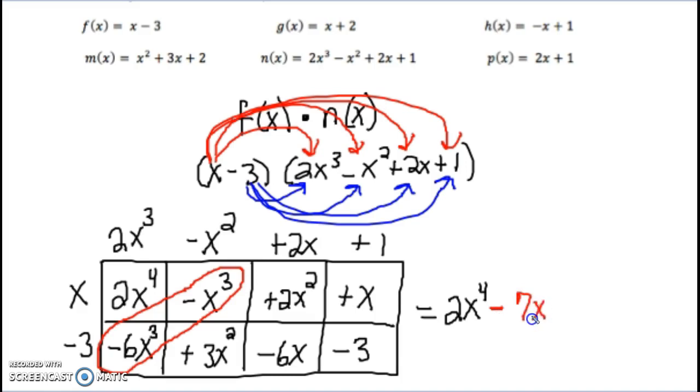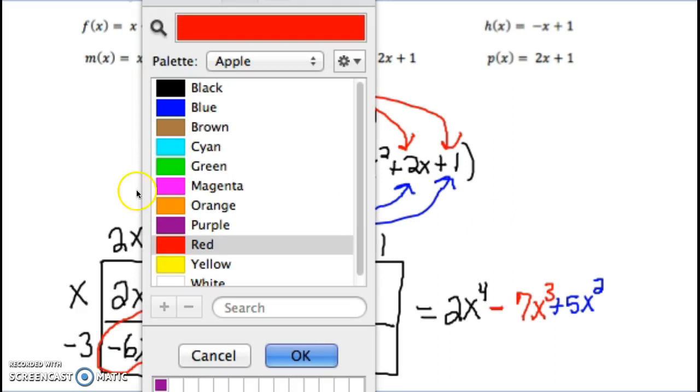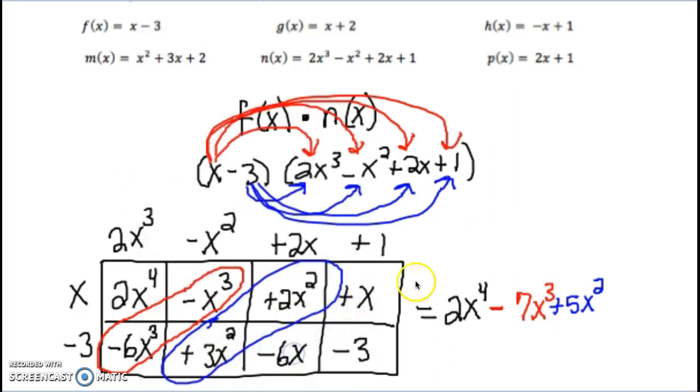I heard it, negative 7x to the third. I combine these and I get 5x squared. I combine, let me get it purple. This gives me minus 5x and then my minus 3.